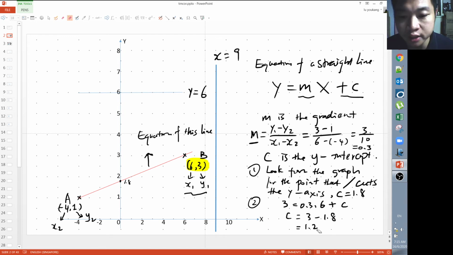It's important to realize where your mistakes are. In this case, I can clearly see 3 minus 1 is actually 2, and 6 minus 4 is 10, so over here it should be 0.2. So the gradient is 0.2. So I'm supposed to do 3 minus 1.2.